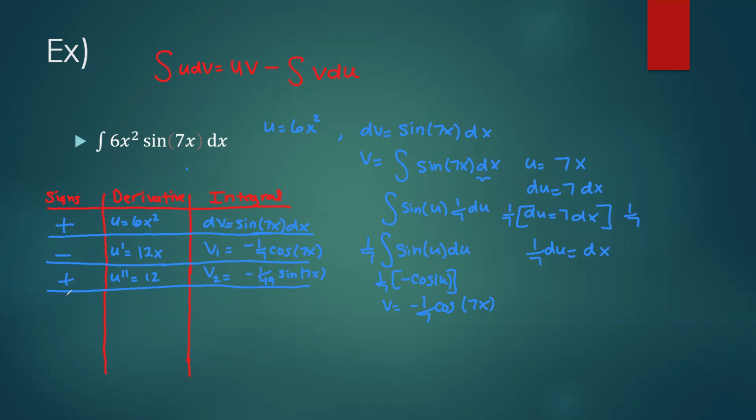And then keep on going. One more, because we want u prime to be 0 eventually. So it's going to be minus. And then u triple prime is finally 0, which we can stop there.